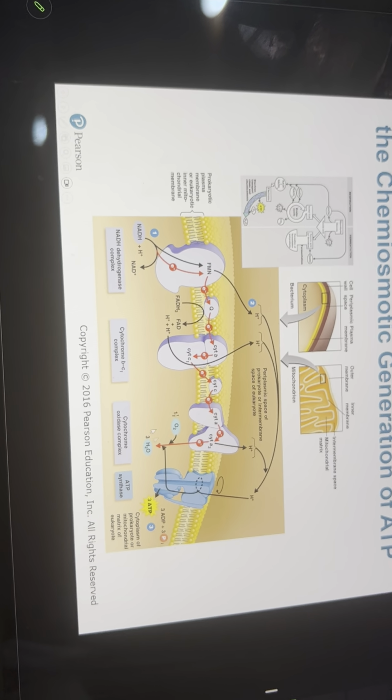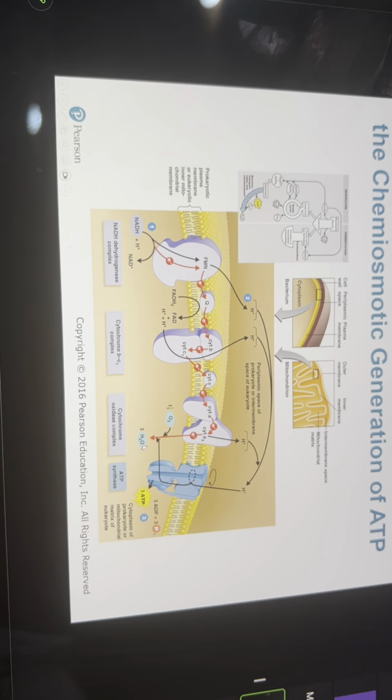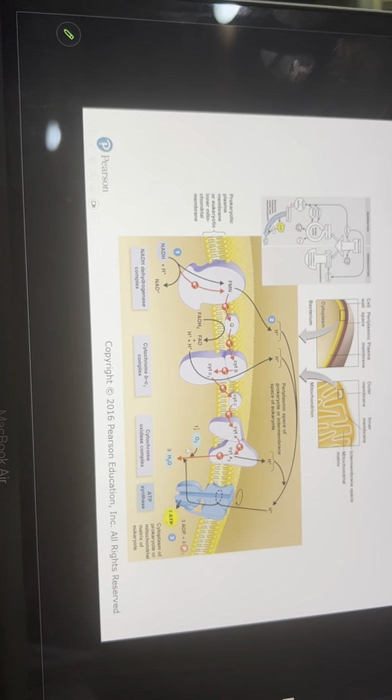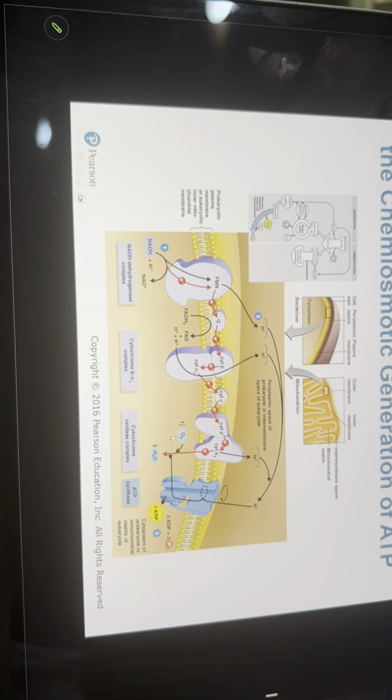So that's what this cytochrome does, changing it into water. For aerobic cell respiration, the final electron acceptor is oxygen.